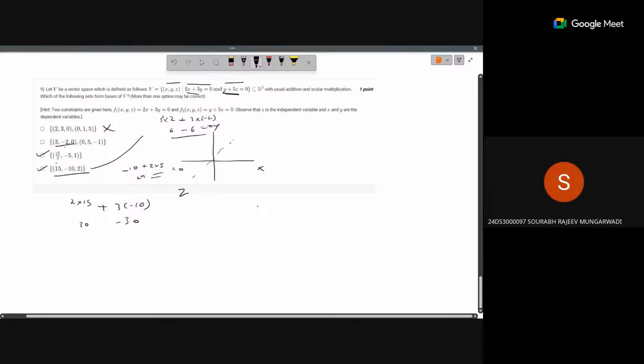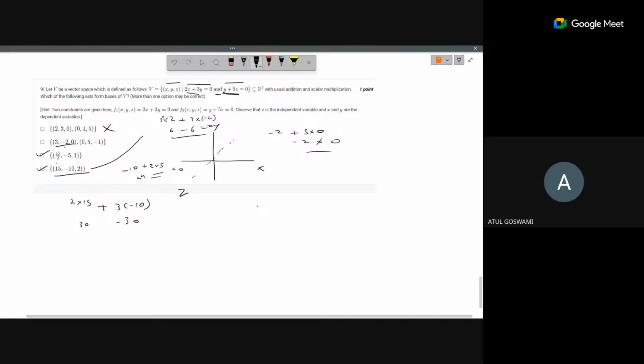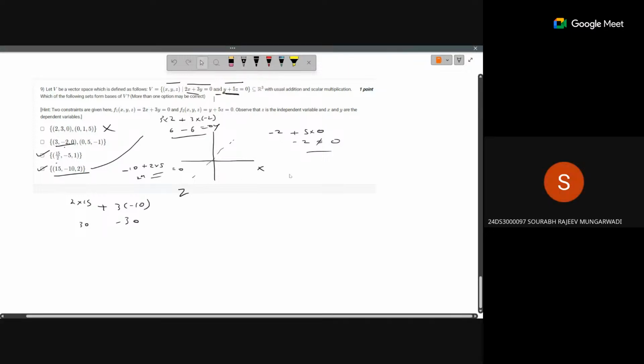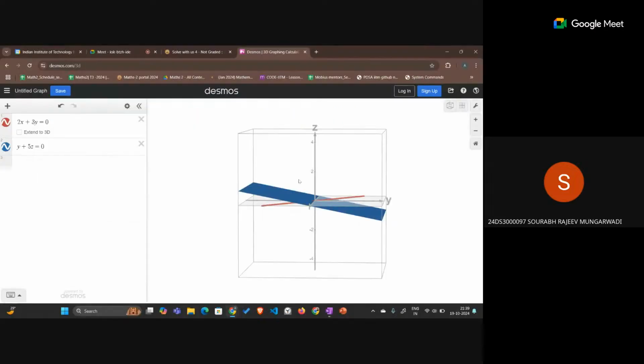Now let's check the second equation: minus 2 plus 5 times 0, which is minus 2, not equal to 0. So it is not satisfied, because the definition of the vector space uses "and", not "or". It cannot be "or". Okay, got it.